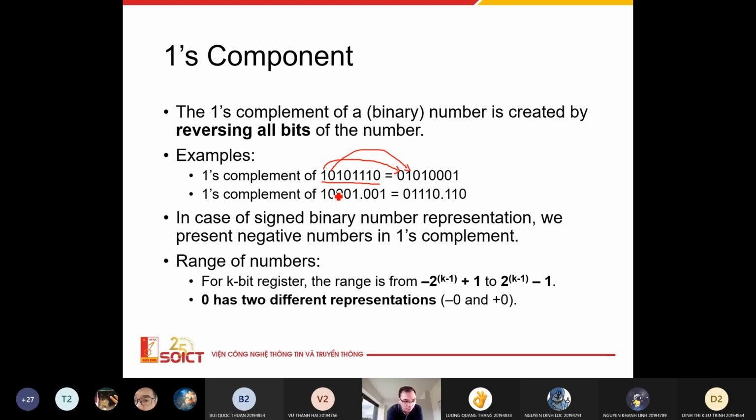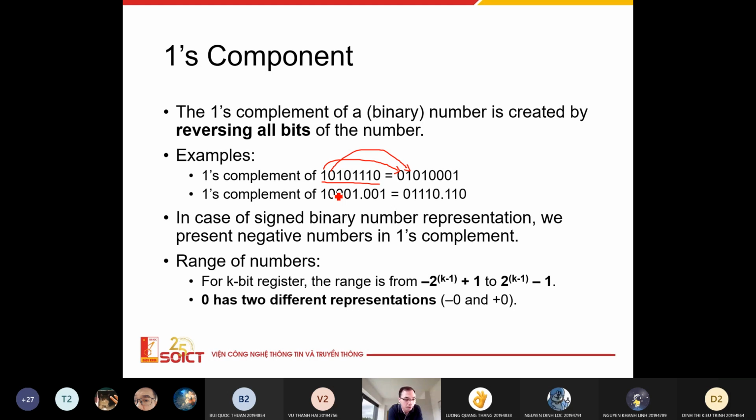So please note that we use the ones complement to represent the negative numbers. And in case of positive number, we don't have to do anything. With the ones complement system, the range of k-bit numbers is from minus 2 to the power of k minus 1 plus 1 to 2 to the power of k minus 1 minus 1, right?